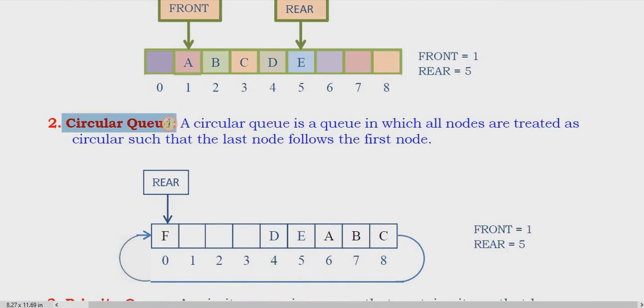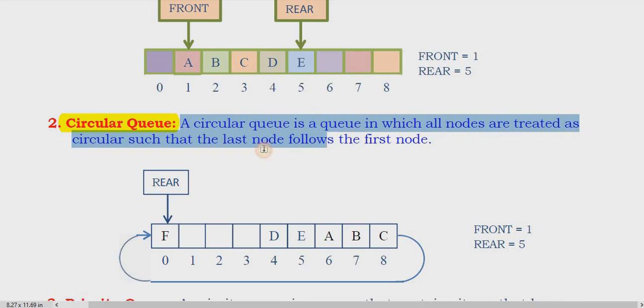Next is the circular queue. A circular queue is a type of queue in which all nodes are treated as circular, such that the last node follows the first node. First, what is a node? A node is nothing but a cell. In arrays we call it a cell or box, but in a queue each cell is called a node.